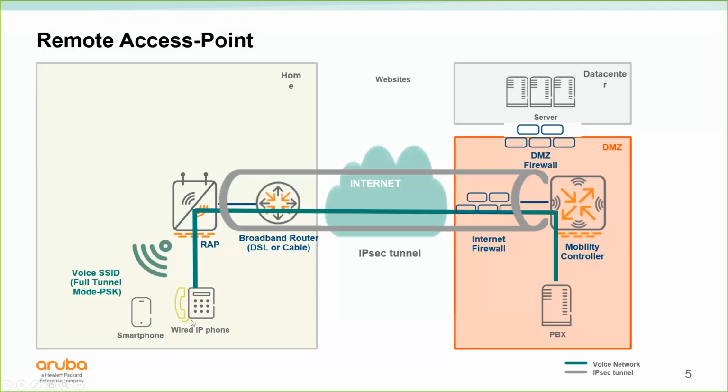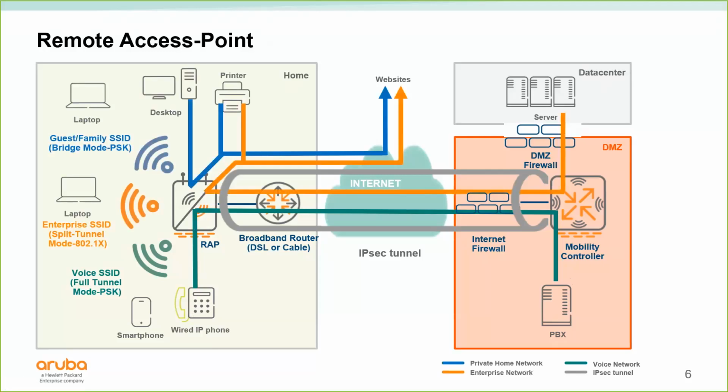Now, a person here has connected a wired IP phone directly into the RAP that is now getting its own bridge of traffic over to the PBX. But we can add more to this, right? So this orange line is going to be your enterprise SSID. As you can see, this goes all the way over to your server over here and gives you direct access to what you might be looking for as far as your corporate resources.